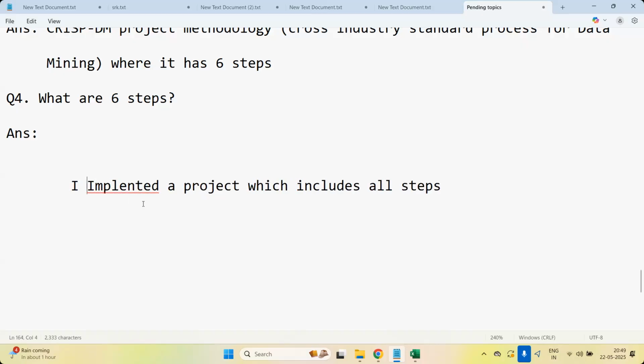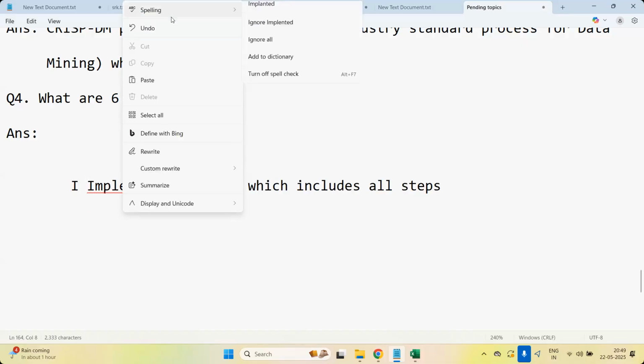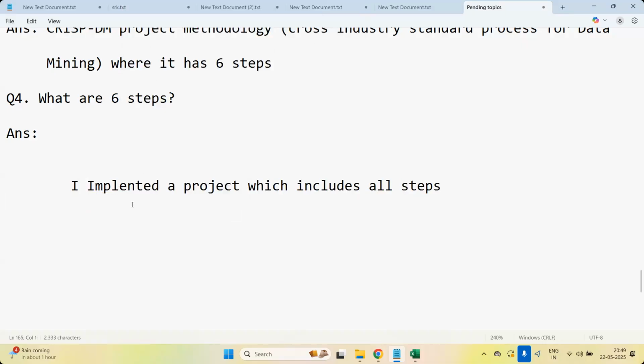What would be the next question, guys? I implemented a project which includes all the steps. Which project? Obviously, you are going to ask which project.